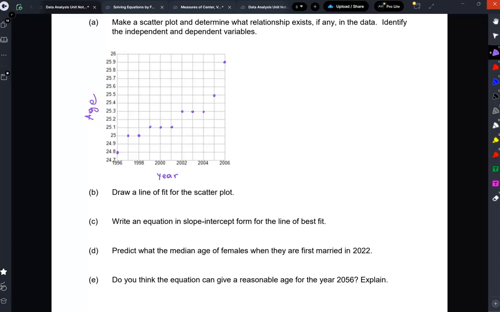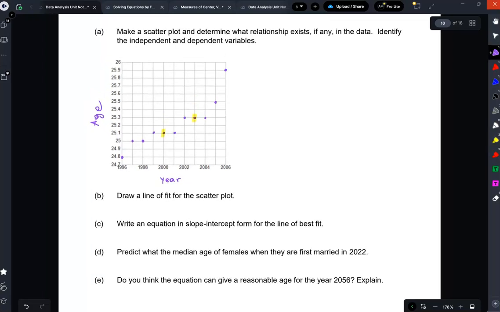So now we're going to do a line that goes through these 2 points. The way I do it is I put my ruler in between, and then I see which 2 points will lie on that. And just so we are all on the same page, I'm going to pick the points 2000 comma 25.1 and 2003, 25.3.